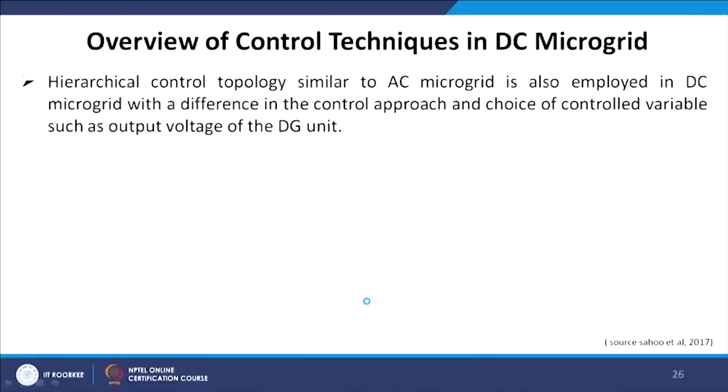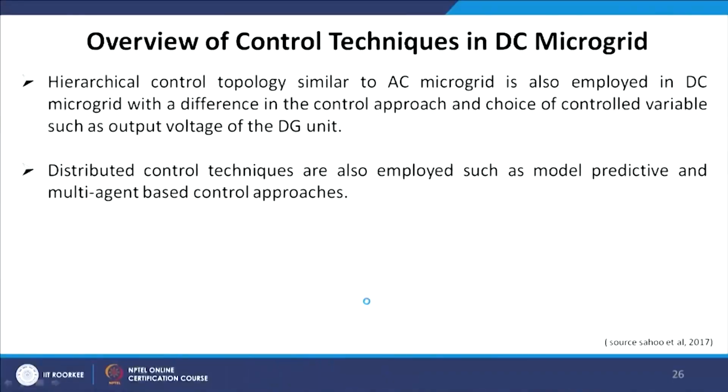Hierarchical control topology similar to AC microgrid is employed in DC microgrid, but the major difference here is the control approach and choice of control variable such as output voltage of the DC units. So, the AC control approach and DC microgrid control approach are almost similar, excluding the choice of control variables, very importantly the output voltage of the DC units.